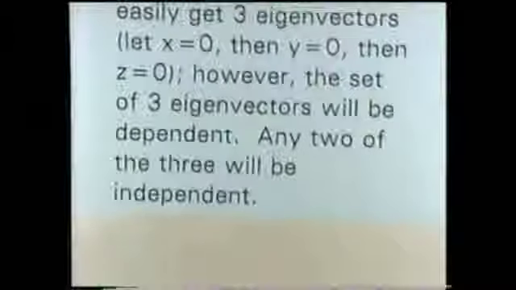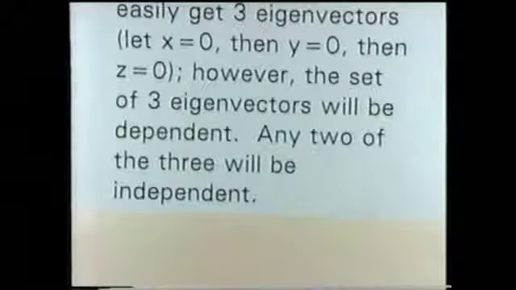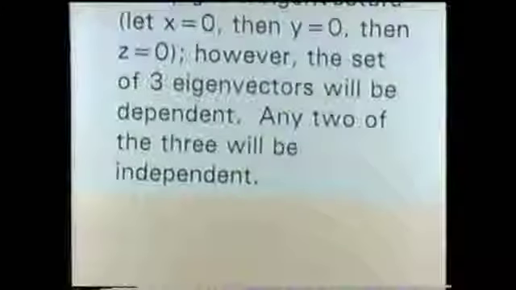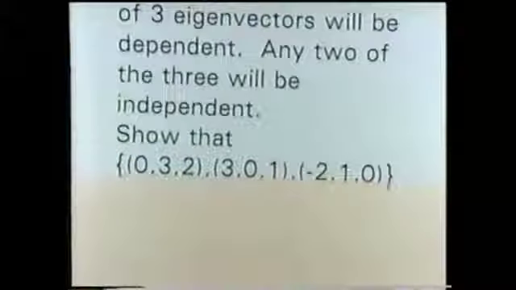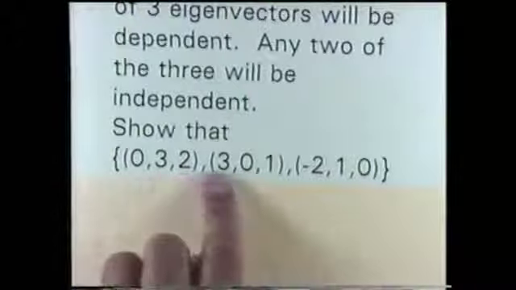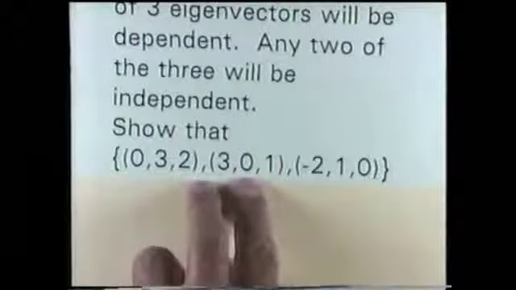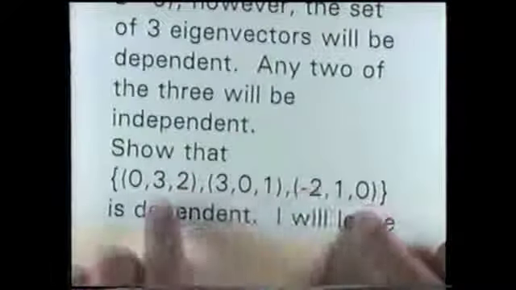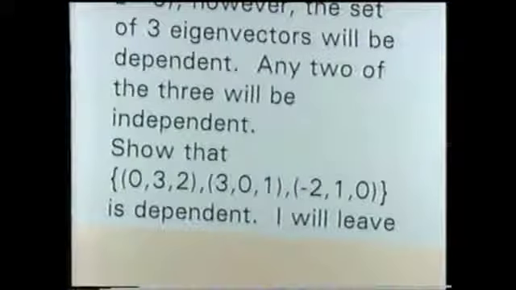So you didn't have to do it the same way I did, but if you do 3 of them, you will find that all 3 of them are dependent, but any 2 will be independent. Well, let's show that (0, 3, 2), (3, 0, 1), now these are the 2 I did, and (-2, 1, 0) is dependent. So this set of vectors is dependent.